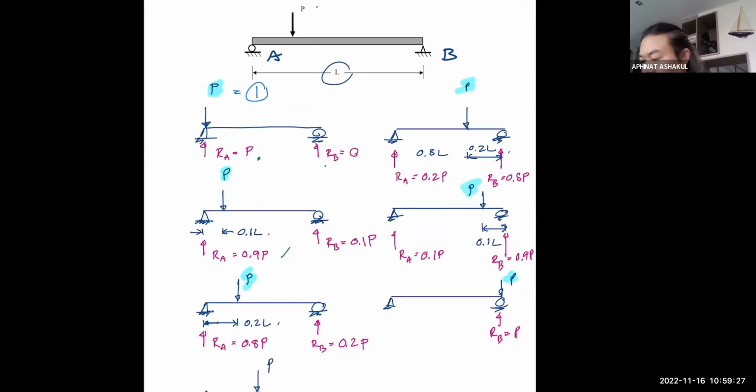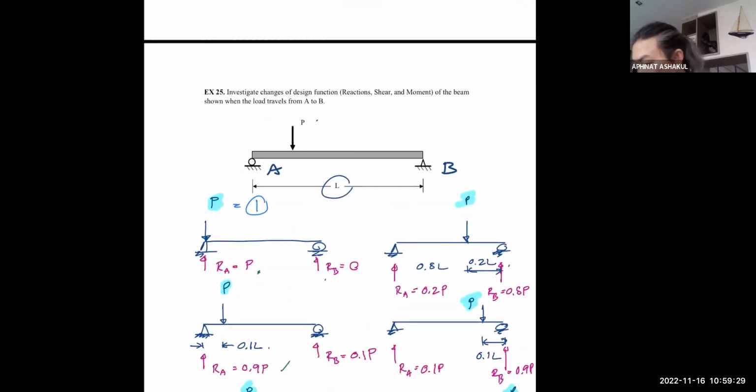Anyway, now it's a reaction. So if you are crystal clear, let us try to look at other design functions that we still need to use. That is the shear and moment. Okay. So I think it's not a bad idea to try to look at the shear and moment at midspan. Okay.